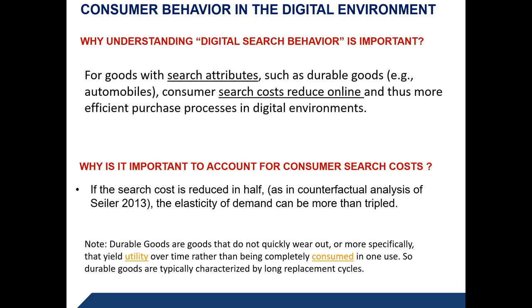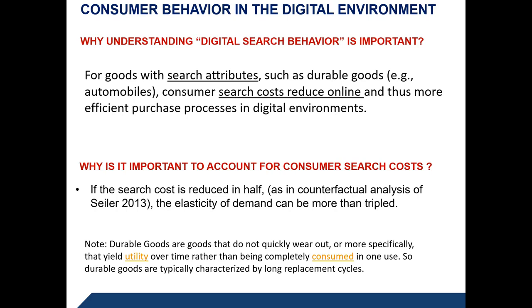There's another term attached with these goods, which we call utilitarian goods. Utilitarian goods means consumers are able to do the search benefit versus cost analysis to understand what is the utility that this product is going to offer to them over time.